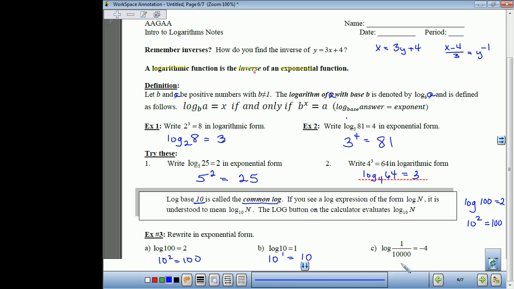What would this one be? 10 to the negative 4th equals 1/10,000. Okay, any questions about the common log?